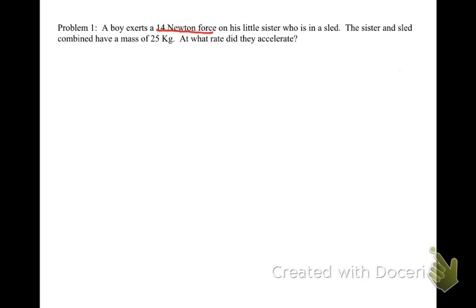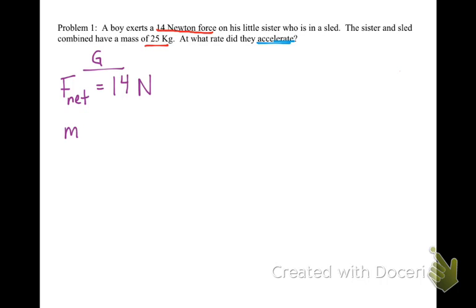We've got a 14 Newton force. Their mass is 25 kilograms. And at what rate did they accelerate? So here's our given. We've got a net force of 14 newtons.